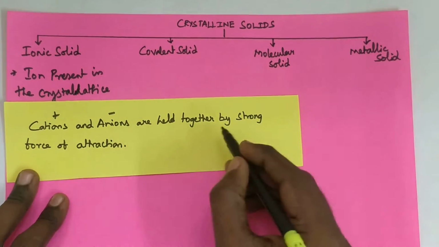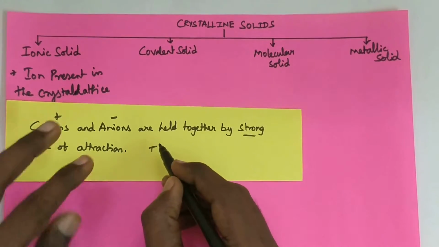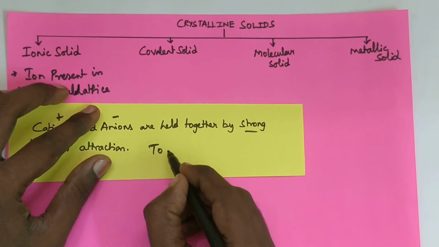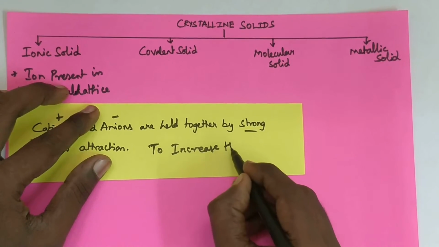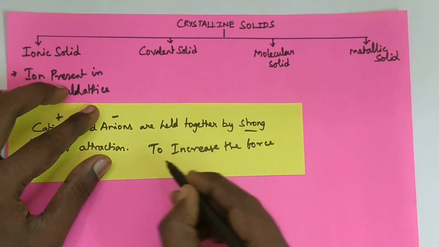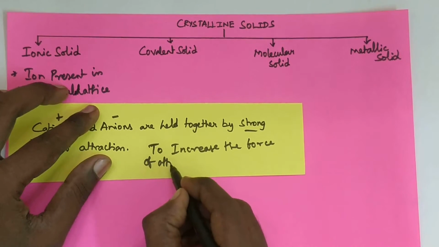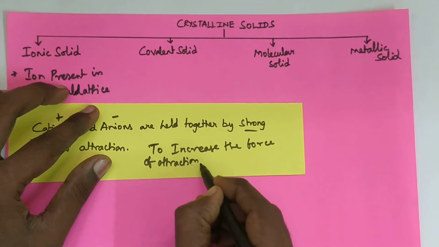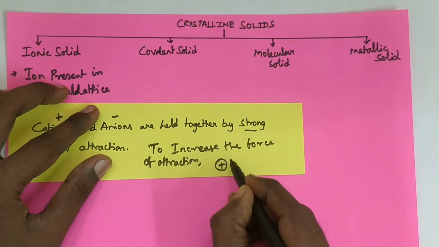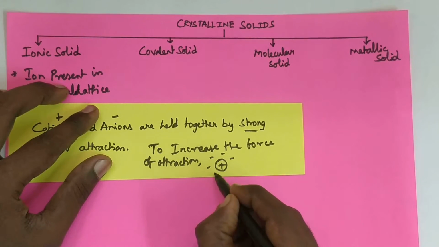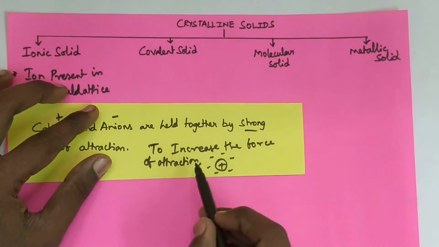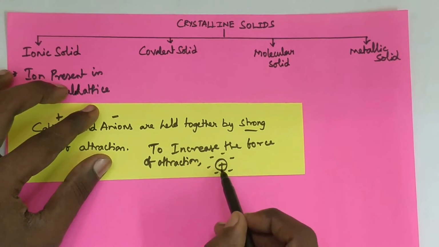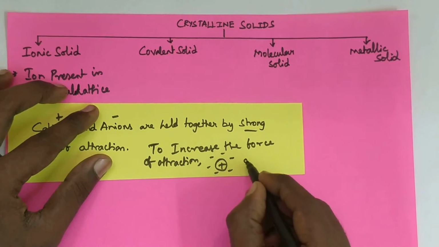To increase the force of attraction, positive ions are surrounded by negative ions. That means cations are surrounded by anions and vice versa.